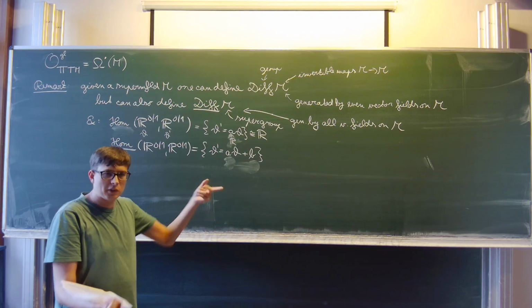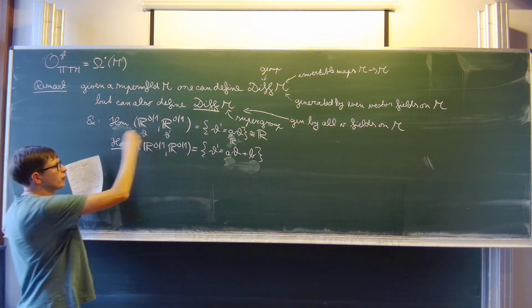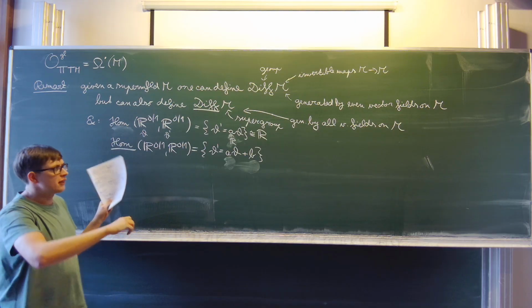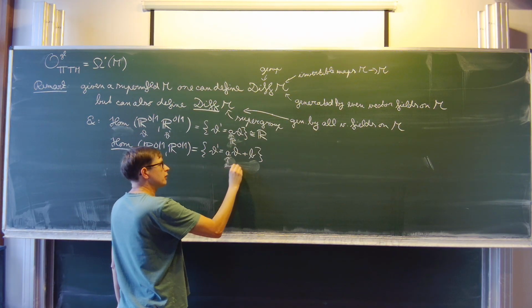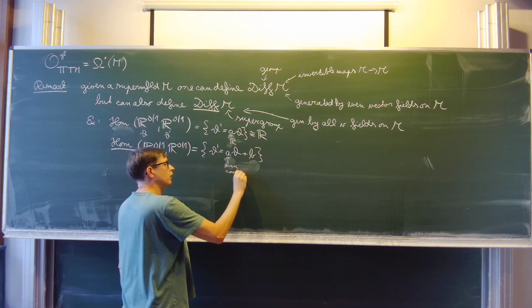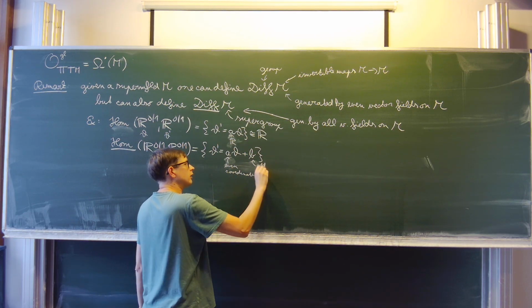The way this matches with the previous discussion is that this thing is a supermanifold. It has one even and one odd coordinate, and this is the even coordinate, and this is the odd coordinate.